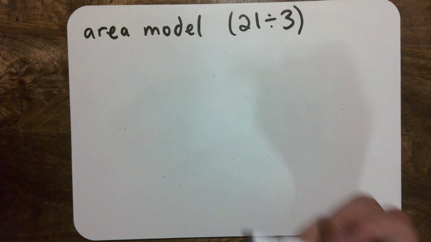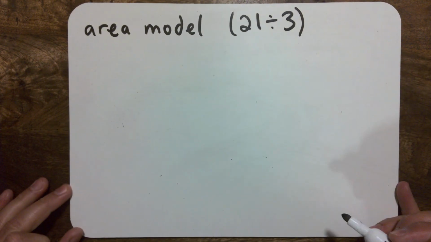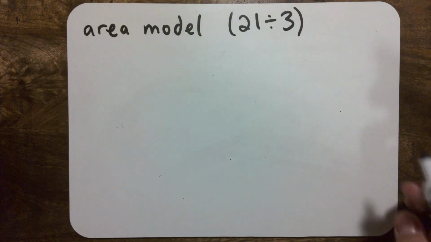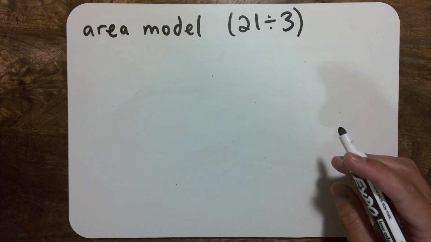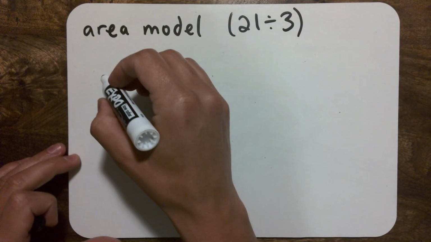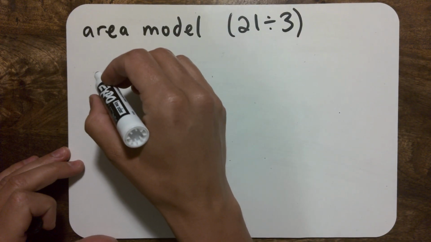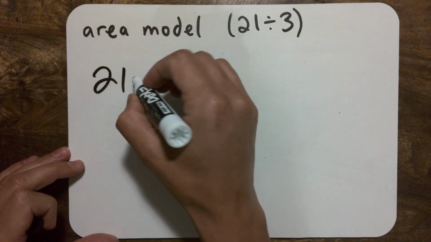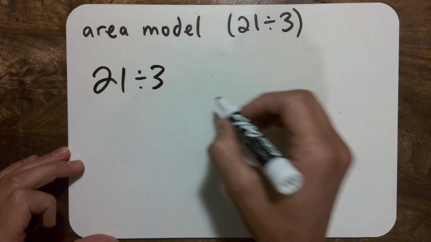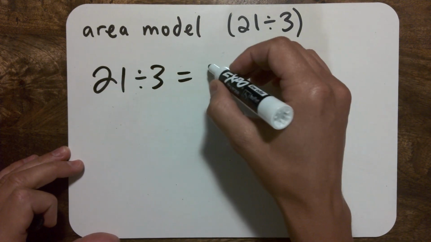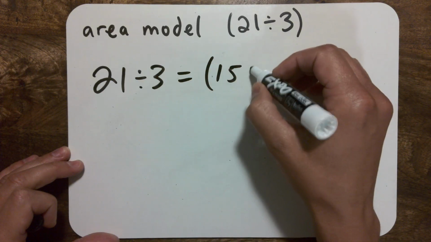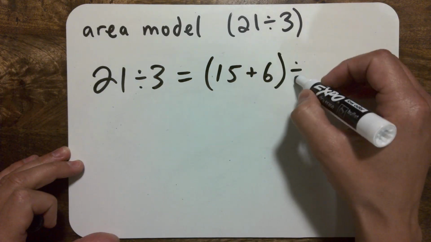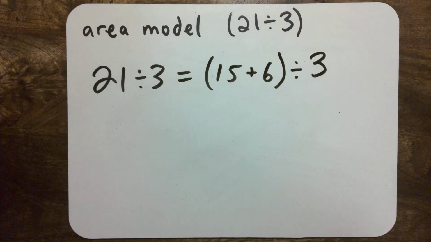And then for the abstract, this could look a couple different ways, because I was talking about multiplication and division at the same time. So again, if you were thinking of it from more of a division perspective, this might look more similar to that decompose the dividend strategy, where we had 15 and 6 divided by 3.